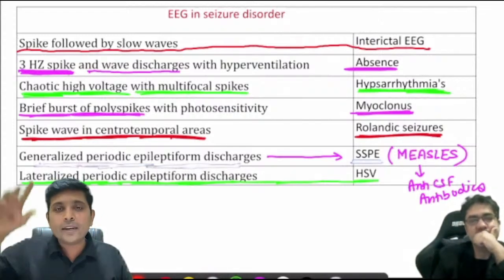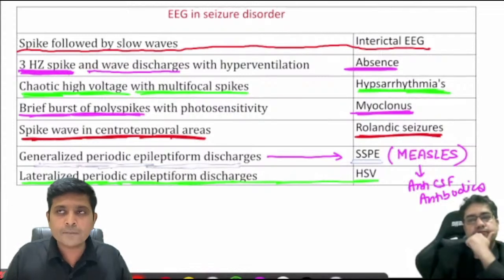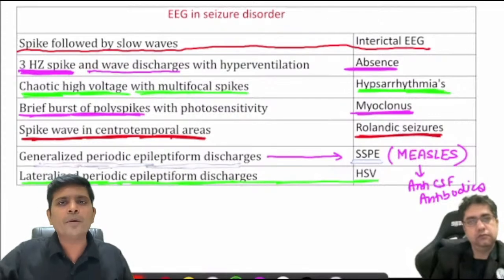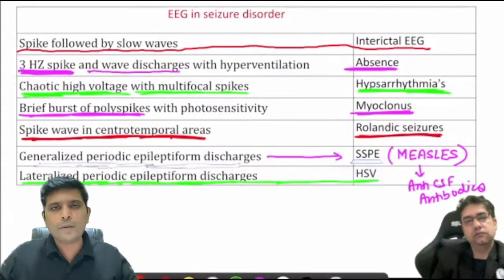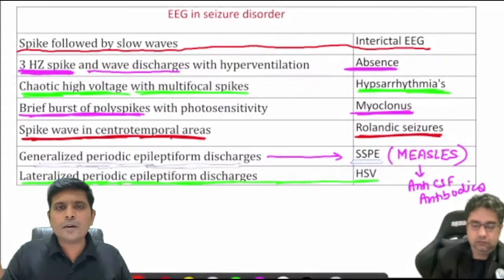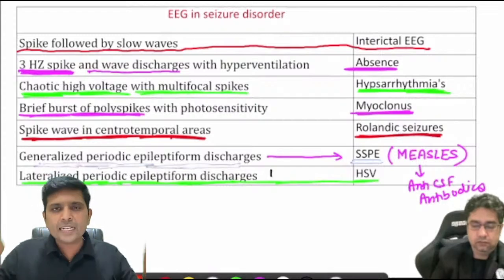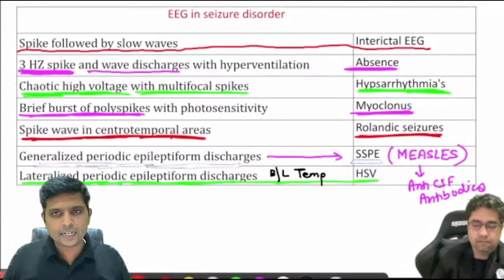This kind of periodic epileptiform discharge, if it particularly occurs over the temporal lobe, is called temporal lobe encephalitis. My dear friends, when you see an abnormal MRI pattern in bilateral temporal lobes, it is highly suggestive of herpes simplex encephalitis.